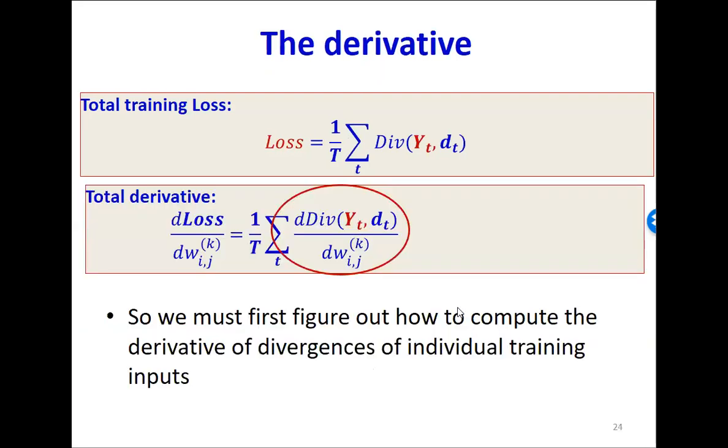Which means what we really need to compute is this guy. We need to know how to compute the derivative of the divergence for a single training instance with respect to each of the weights. If you can do that, then you can compute the derivative of the loss, which is the average of these divergences over the entire training set. And so we're going to focus on this guy.